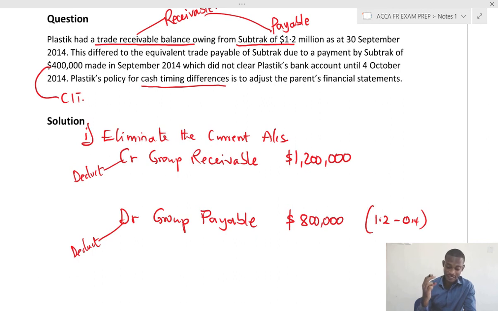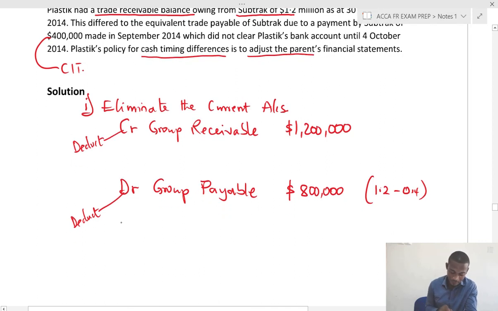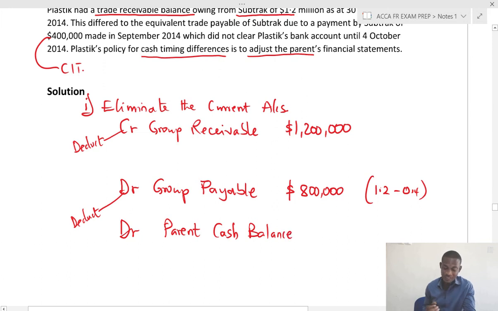Now you realize that there is an outstanding amount hanging for the account to reconcile, and the parent policy is to what? Adjust the parent balances. So what we do here is to debit the parent cash balance. So we debit the parent cash balance with an amount of 400,000, and this is the cash in transit.